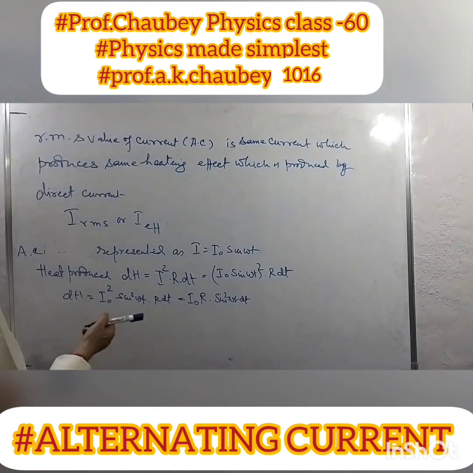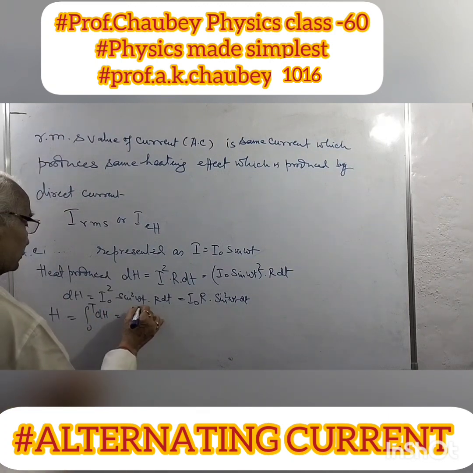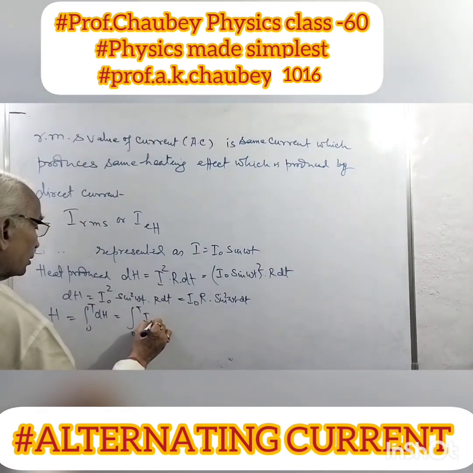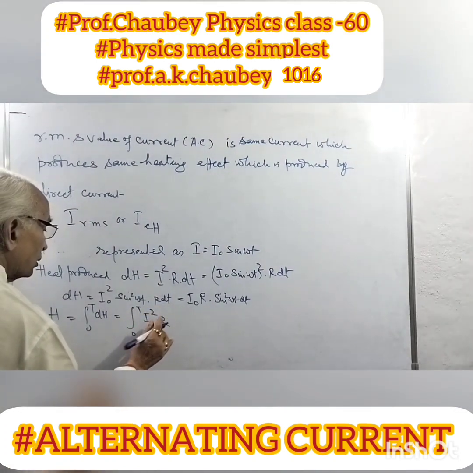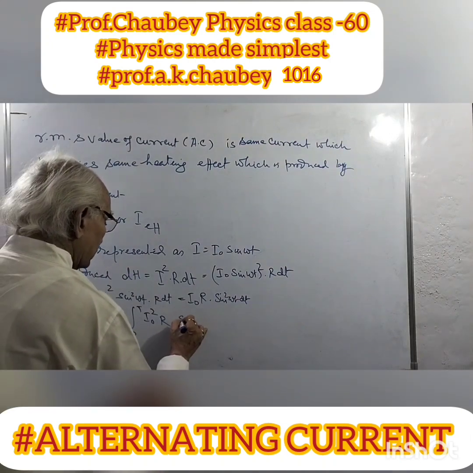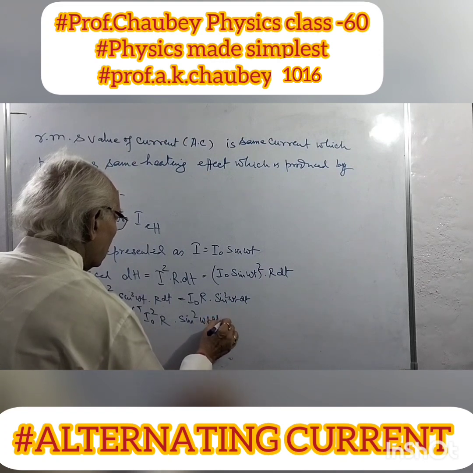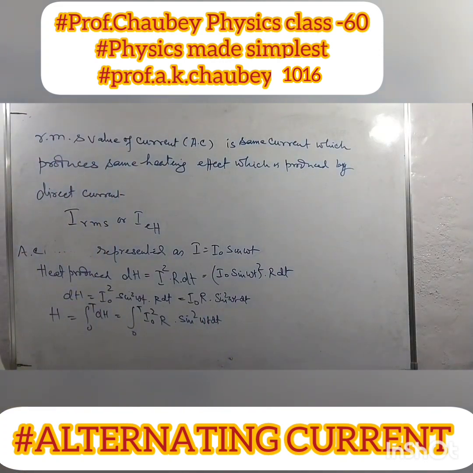So this is for time dt. The heat produced for a full cycle, from 0 to T, the full time period, you can integrate: 0 to T, I naught square R, which is of course constant, you can take outside, and sine square omega t dt. So you integrate sine square omega t.